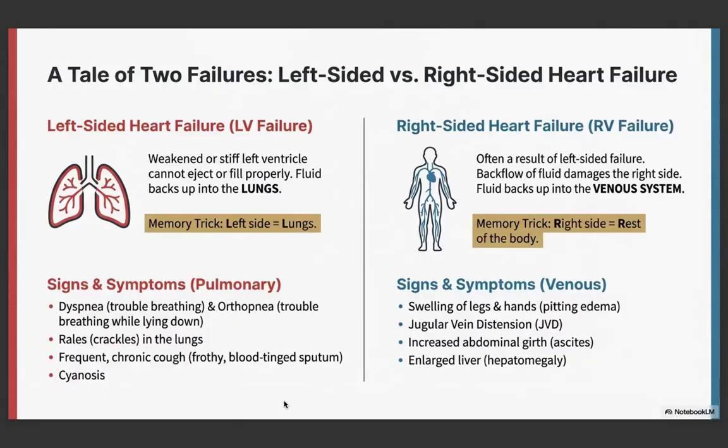These are the individuals you'll see who have to sleep up with a bunch of pillows underneath their back. Rales or crackles, that fluidy sound that you get in your lungs. They also have a chronic cough. They may have bloody sputum, and they can have cyanosis, as well as issues with their overall oxygenation. And when we're checking their SpO2, it's going to be on the lower side.